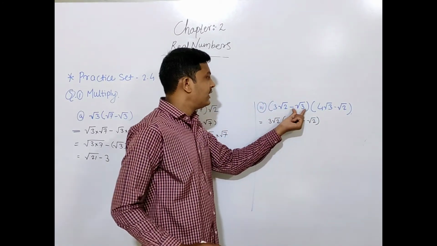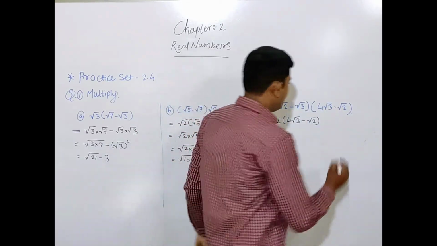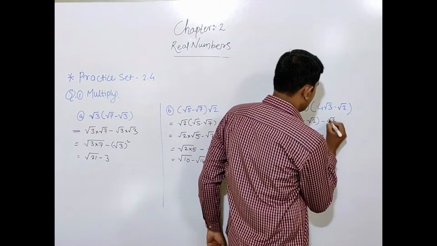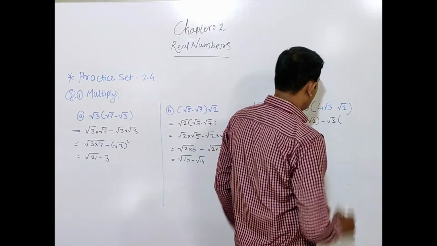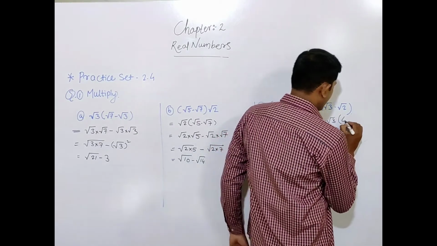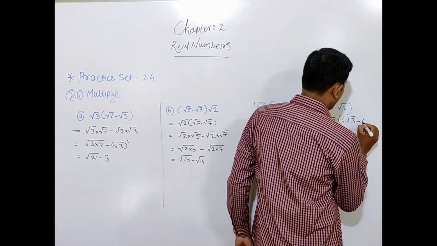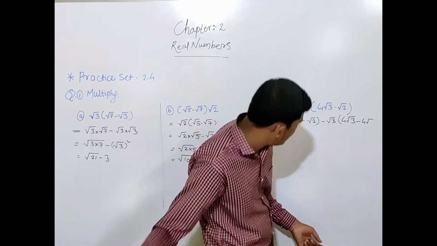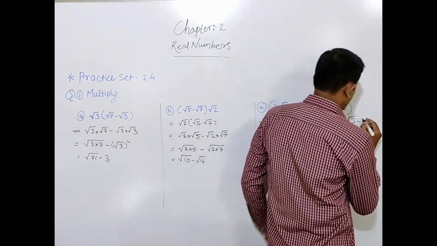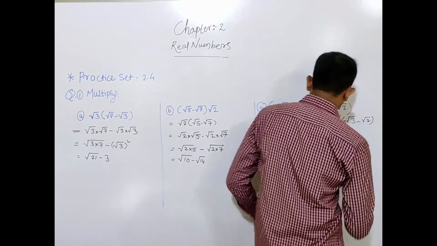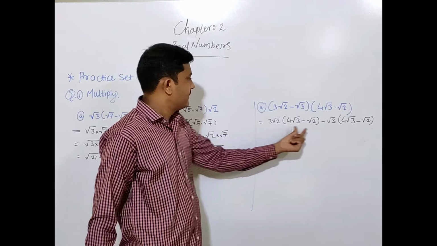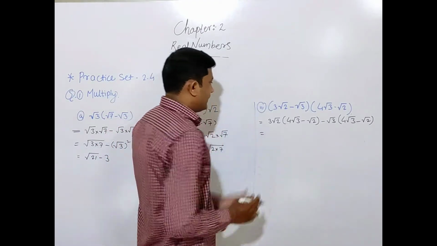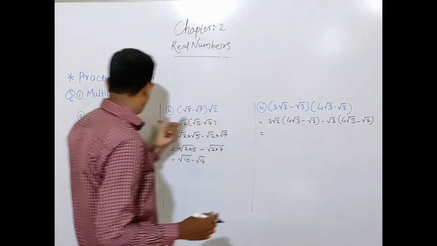Again, the second term will multiply to the whole bracket, that is minus square root of 3 will multiply to the second bracket, that is 4 root of 3 minus square root of 2. Now this is converted into this form.